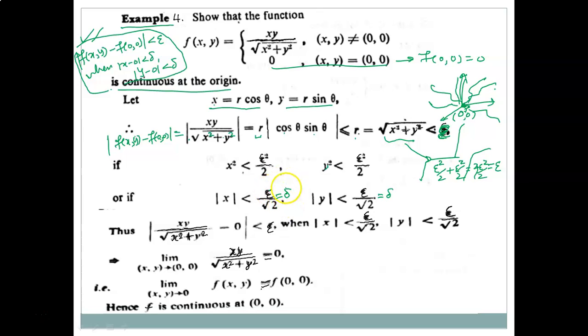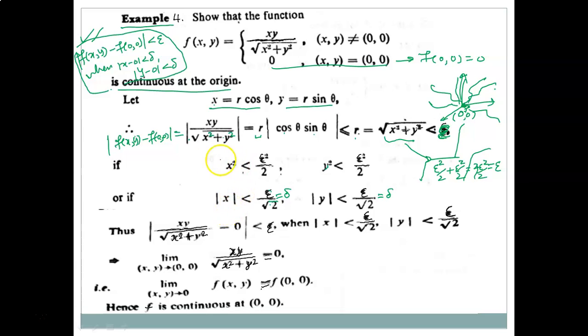It means the value of delta must come out in terms of epsilon. Delta should be equal to some expression in terms of epsilon. Then we say that delta depends on epsilon. So here we are calling epsilon by root 2 equal to delta.